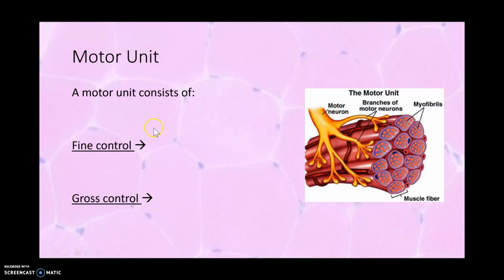However, if we want to do fine motor control, like use our fingers or move our eyes up and down or to the side, one of these motor neurons may only innervate 5 or 6 muscle fibers, because that's going to give us a lot more control, and that's what we want with our eyes and our fingers and so forth. But for example, gross movement or gross control, one of these motor neurons can innervate thousands of muscle cells, because that's working on posture, stability, and gross movements like propelling ourselves up the stairs and so forth.